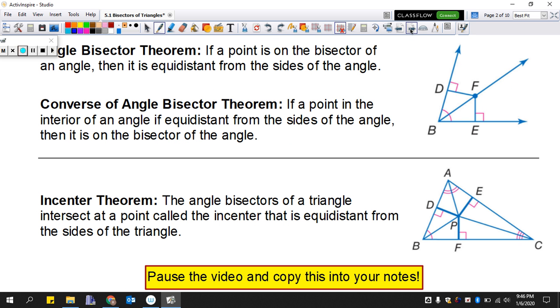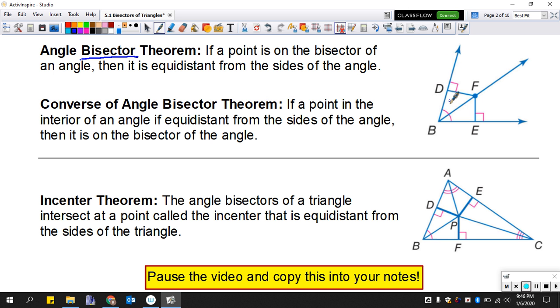The next bisector that we're going to talk about is the angle bisector. Once again, remember, a bisector cuts something in half. Obviously, if it's an angle bisector, it's going to cut the angle in half.